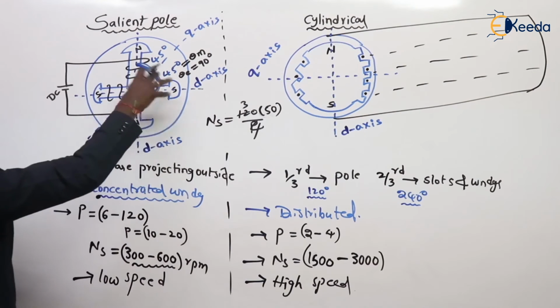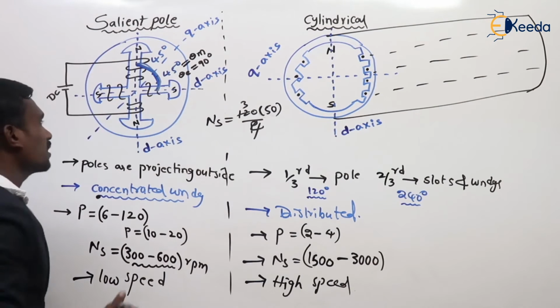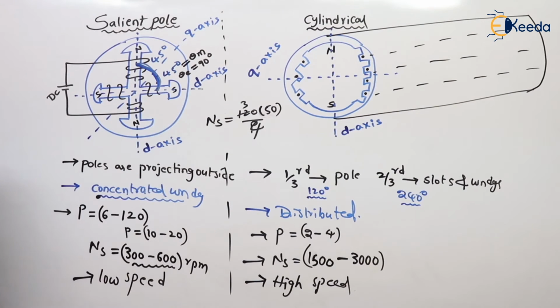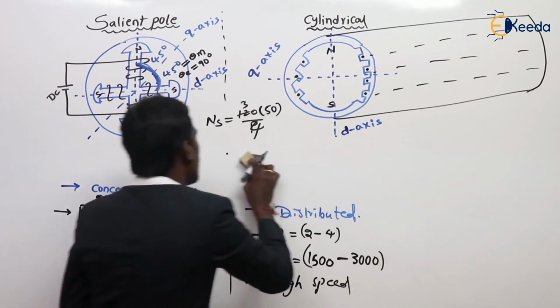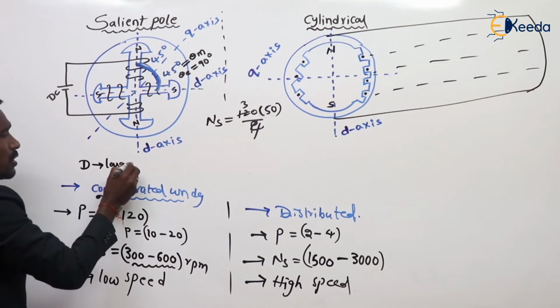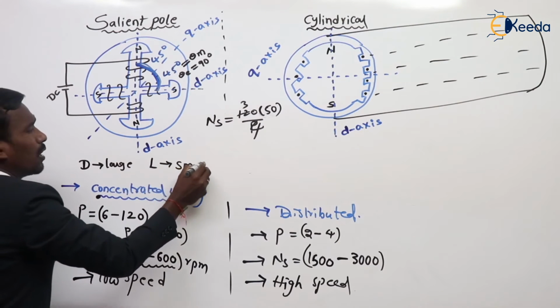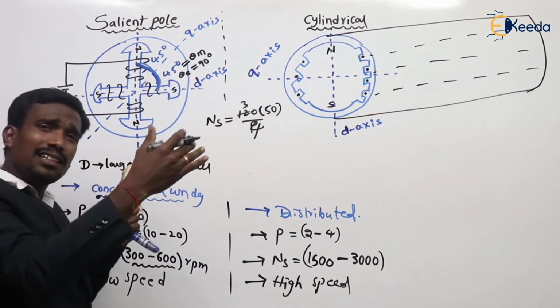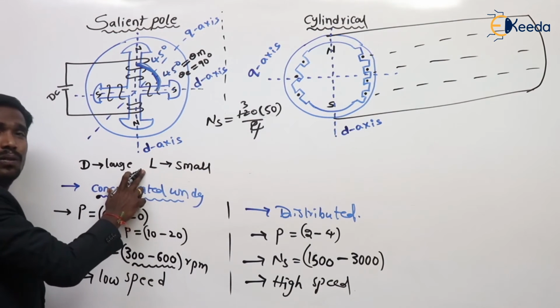See here, when the number of poles increases, the diameter increases. So the salient type has a large diameter. Here the diameter is large, but the axial length is small.